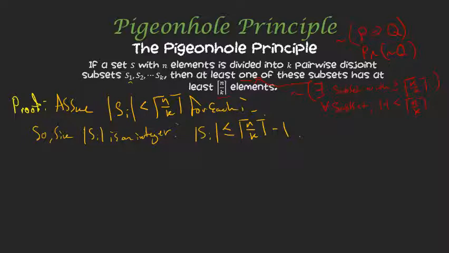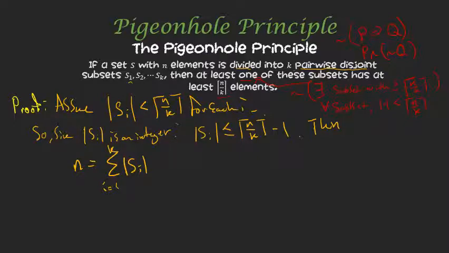And then what happens if I add all of these up? Since this is really a partition, we've divided our set into k pairwise disjoint subsets. So we've partitioned our set. That means that when I add up all of the cardinalities of the S sub i's, I should get n. So n is the sum of the cardinalities of the S sub i, and this sums over all of the sets, so i equals 1 to k.